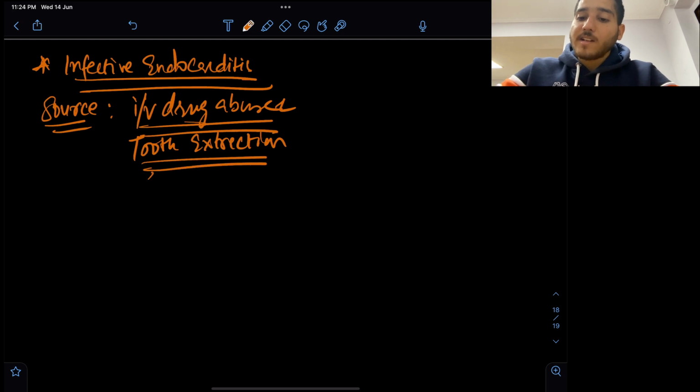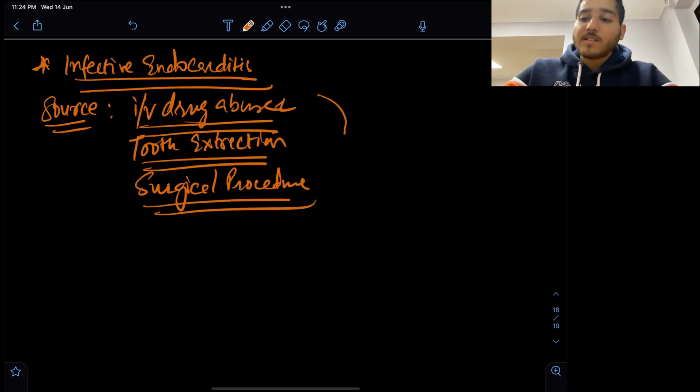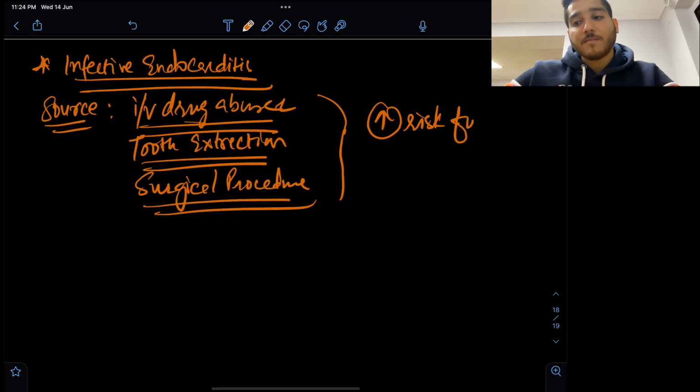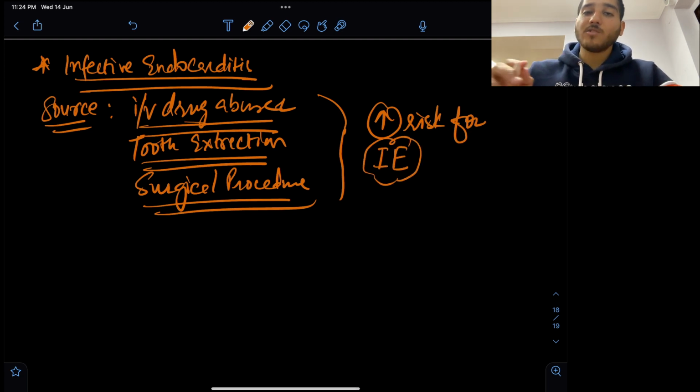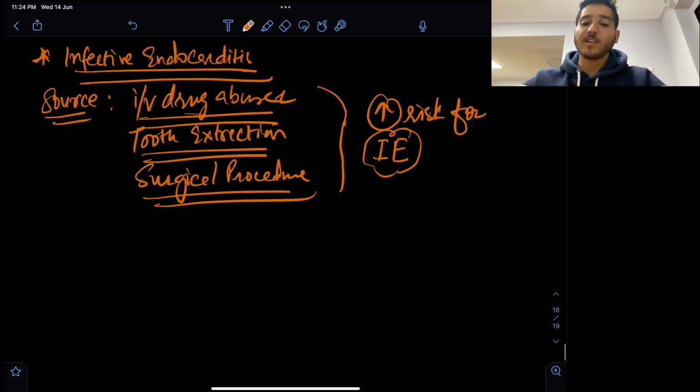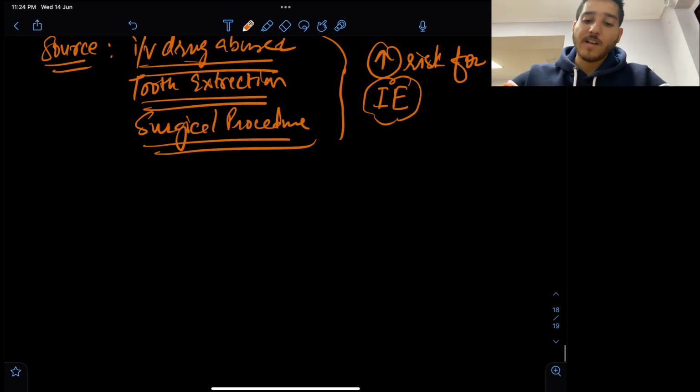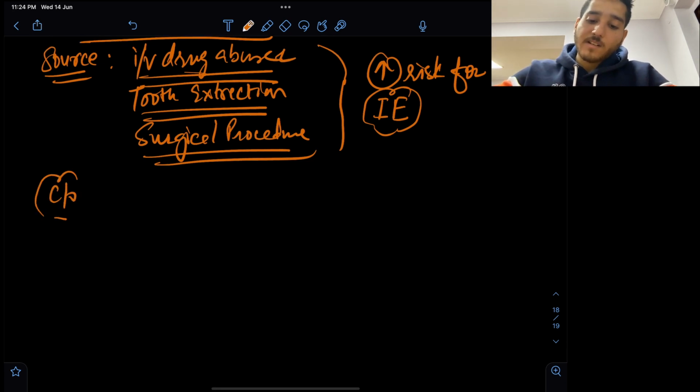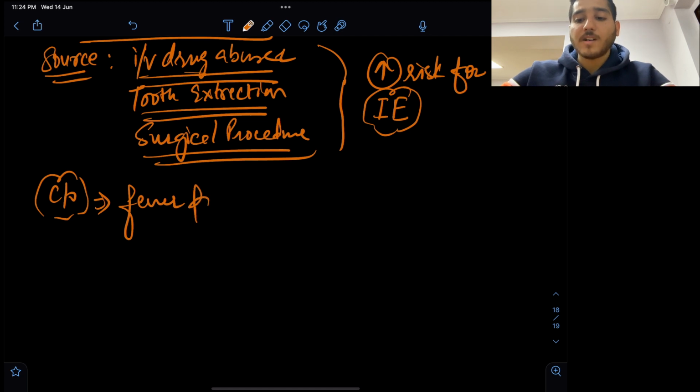Any surgical procedure. These things increase the risk for infective endocarditis. So for a question of infective endocarditis, they'll give you a source of infection. Then this patient will present to you with fever and some cardiac signs and symptoms.